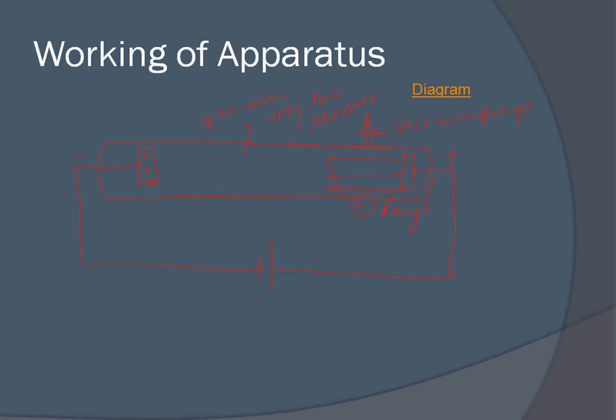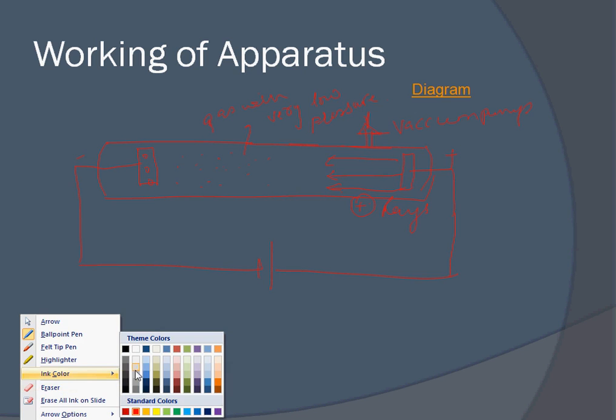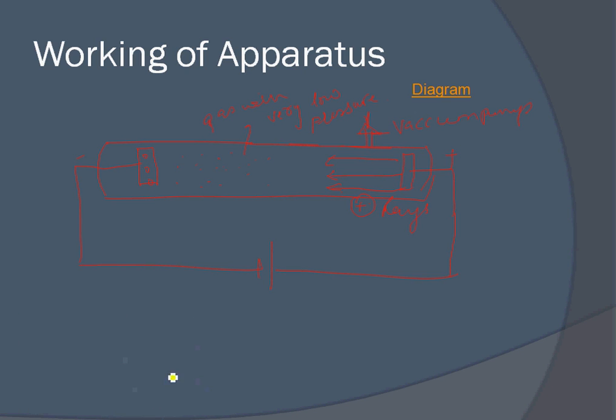So what happens now is, first, a high voltage of about 10,000 volts is supplied to the discharge tube, where electrical energy is generated, and the rays come out when the pressure is minimum.